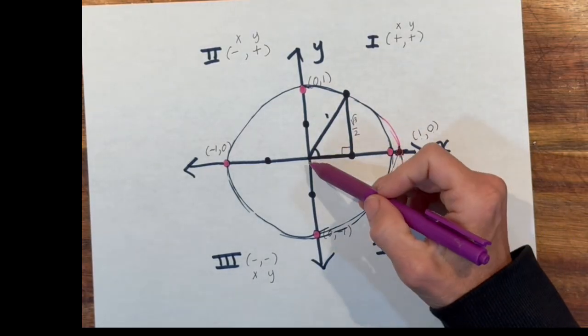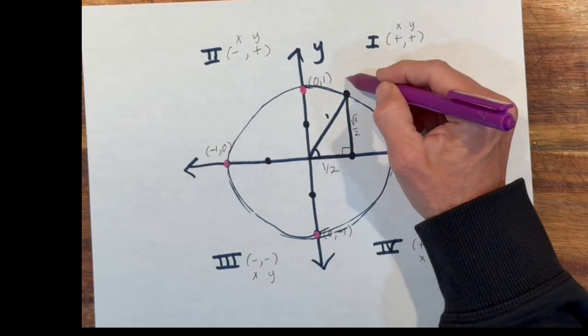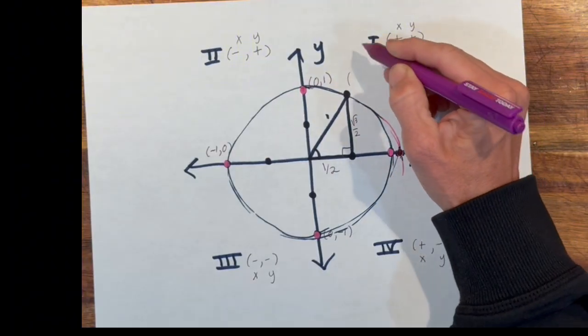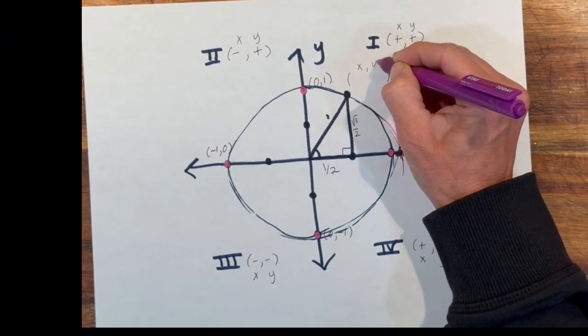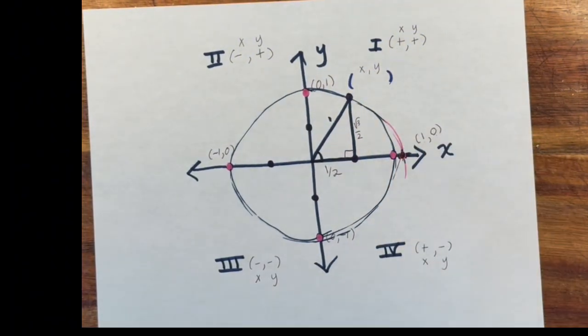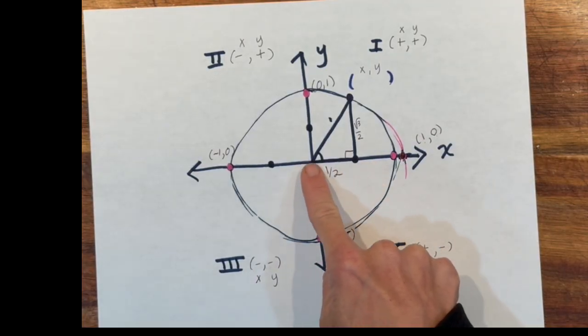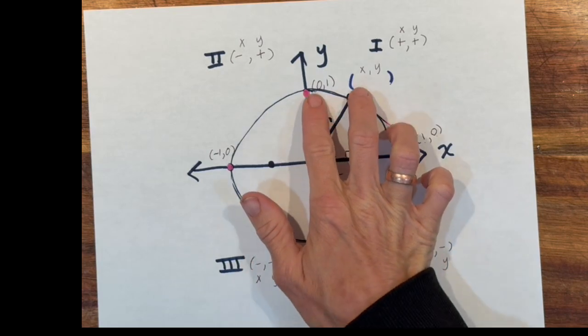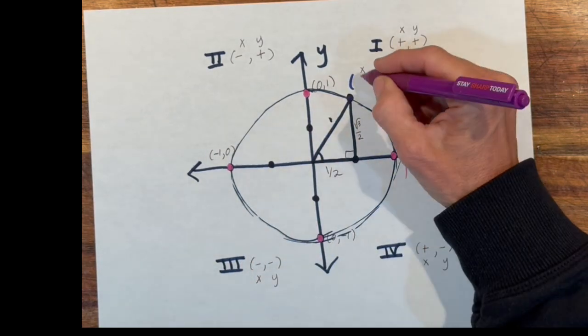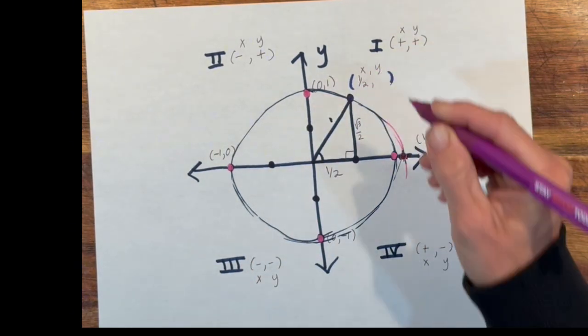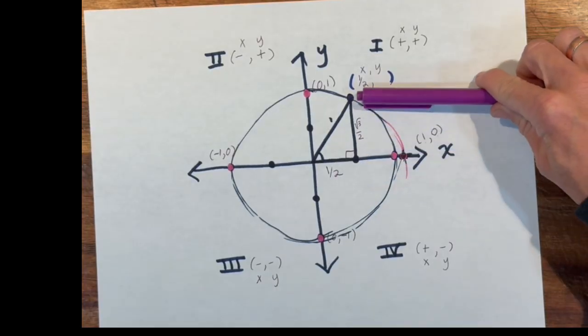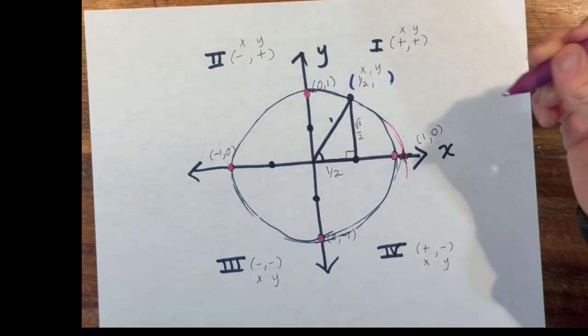So as I look at this, I want to find the coordinate here, x, comma, y. It's the blue dot here. And I can see the x is this distance here, and that was 1/2. What is the height? The height is rad 3 over 2.